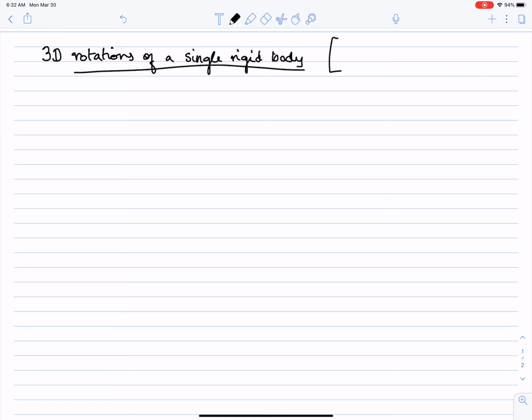Okay, this lecture is about starting to represent 3D rotations of a single rigid body. And this will be part of a bigger subject of 3D kinematics.